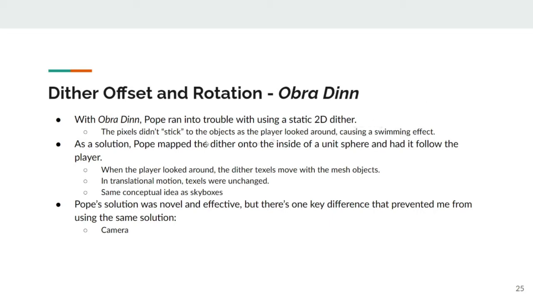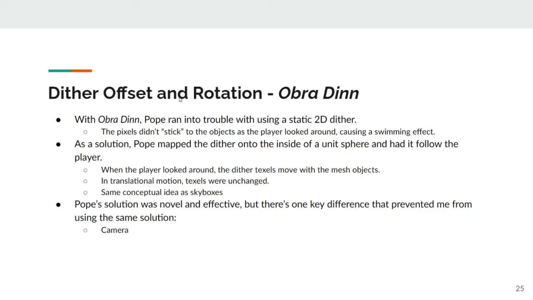So his solution was to map the dither onto the inside of a unit sphere, in a very similar way to how skyboxes are rendered. You have a little sphere that follows the camera around, staying perfectly in sync with the camera's movement, and it renders the inside of the sphere in the background.